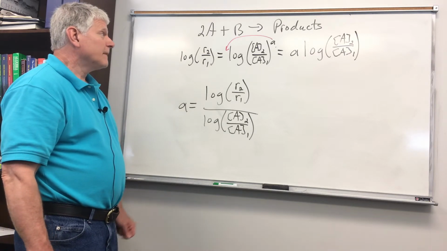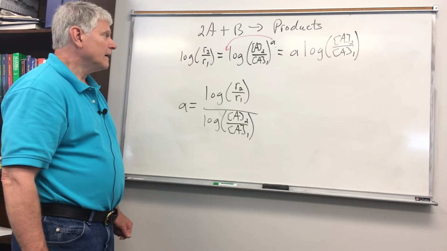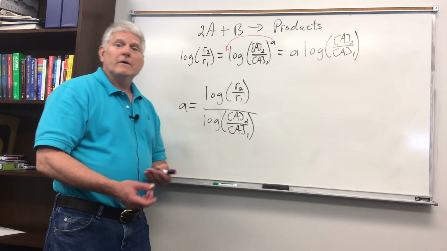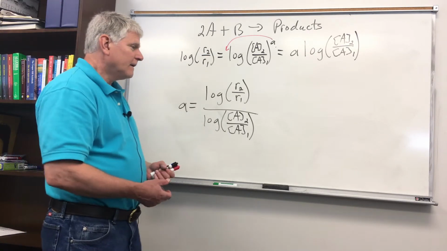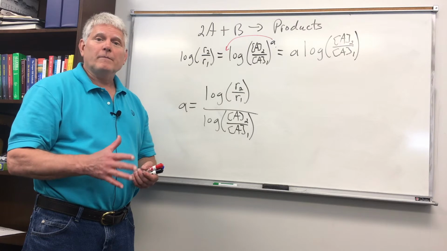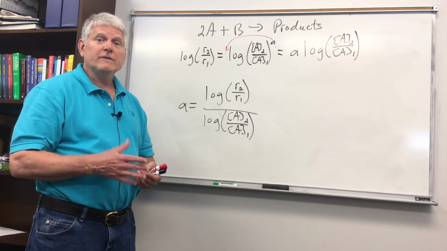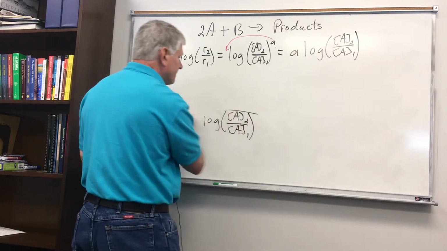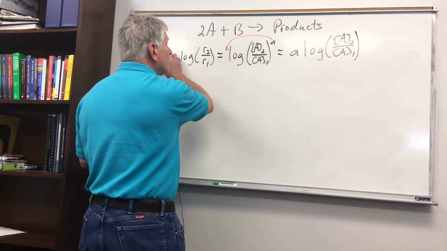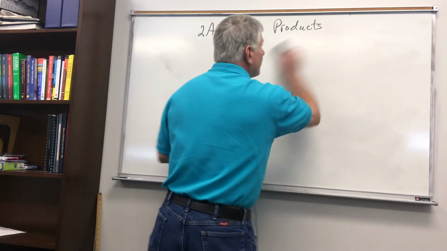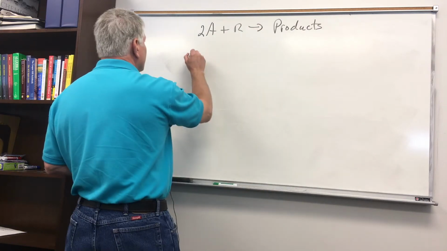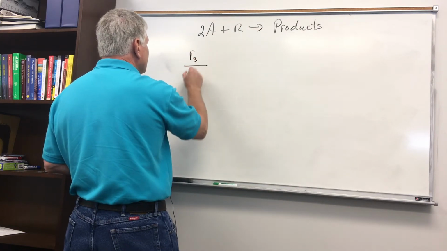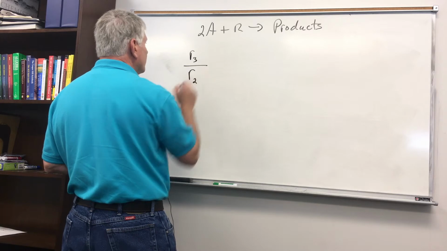Then I do the same thing for B. I take the ratio of the rates and find an experiment where A doesn't change but B does, and then A would cancel in the equation. So I have rate 3, say, over rate 2.